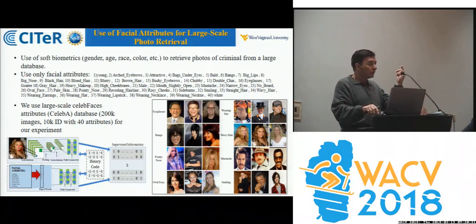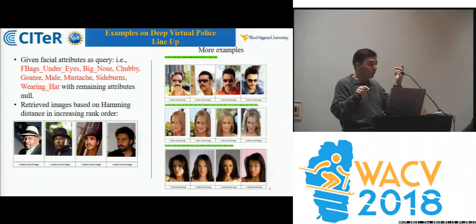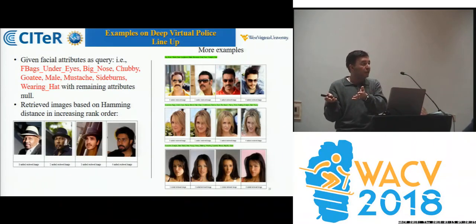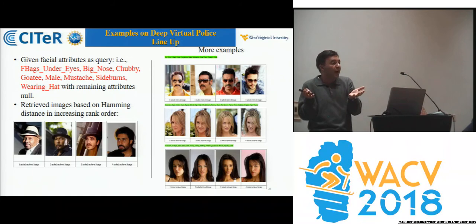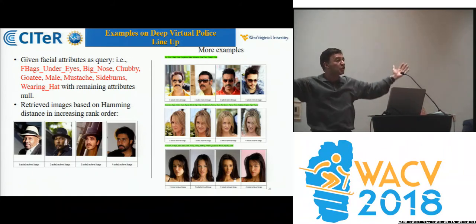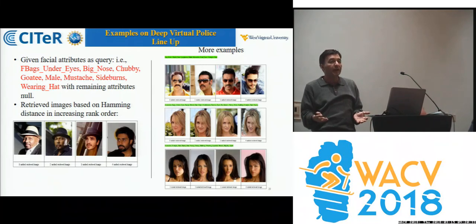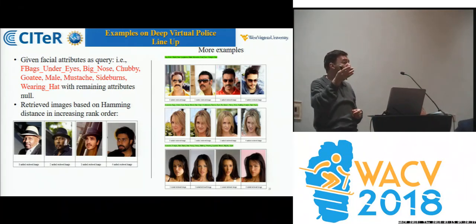Everybody follow? Okay, now this is very useful for law enforcement, because you have a victim who just comes and describes what happened, and basically in a second I can tell you from the huge gallery of suspects, these are possible suspects. And this is useful for a virtual police lineup.